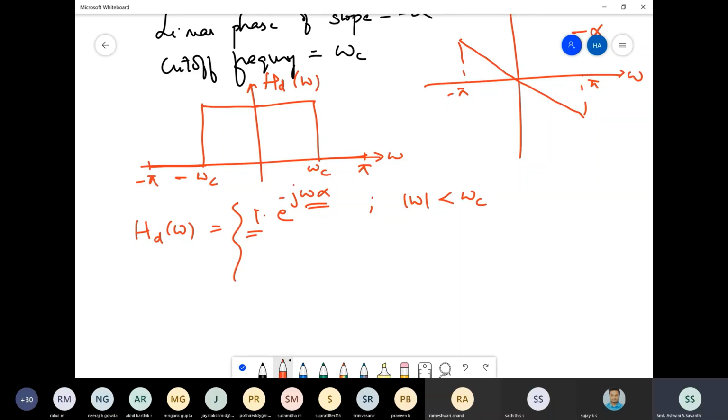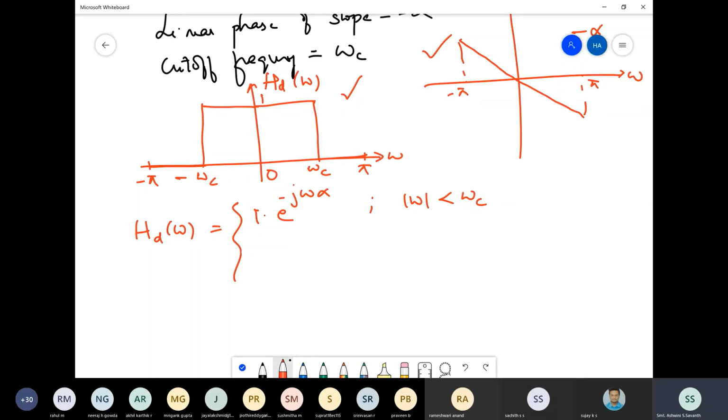That is all. Whatever we stated in words here, we have written in the form of an equation for HD of omega. And why is this 1? Because the magnitude response has a value of 1 here. It passes all the frequency components between minus omega c and plus omega c, or between 0 and omega c, because it is a low pass filter.